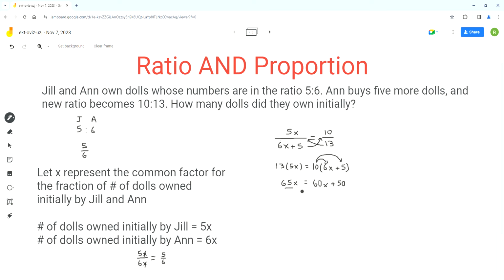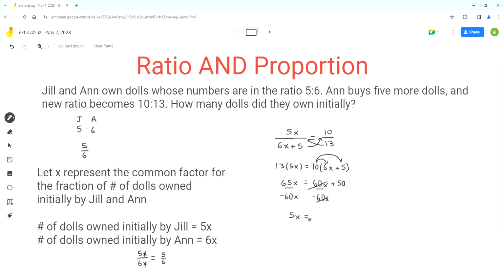So 65x and 60x are like terms. So we should subtract 60x from both sides. So the 60x on the right side cancel each other out and we are left with 5x. So 65 minus 60 is equal to 5.